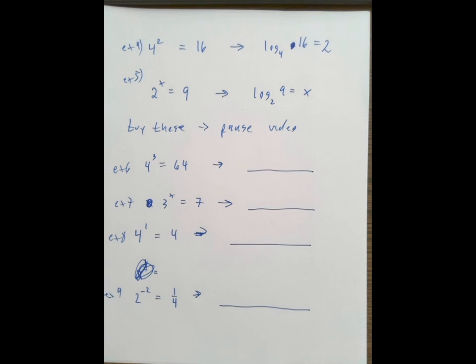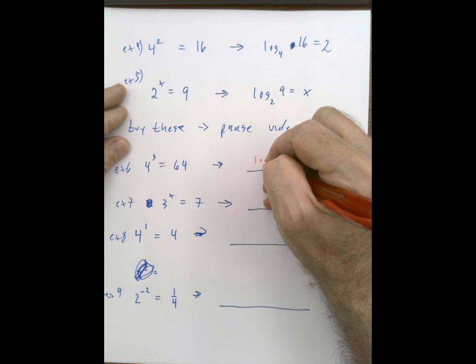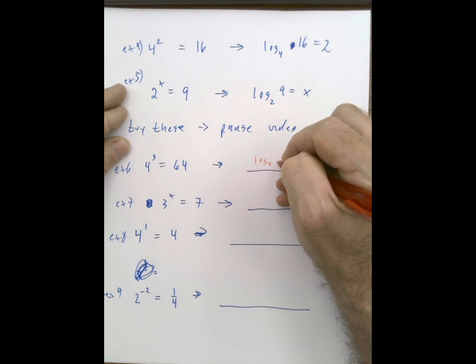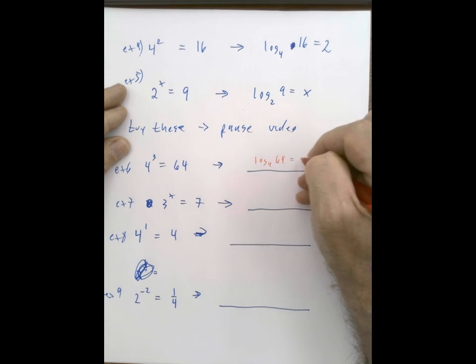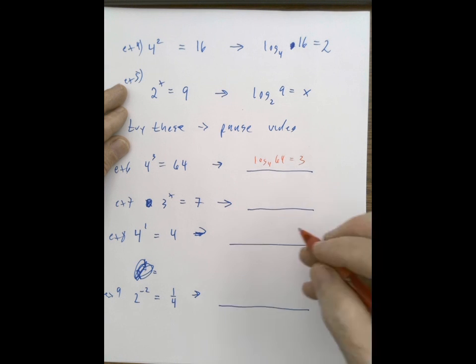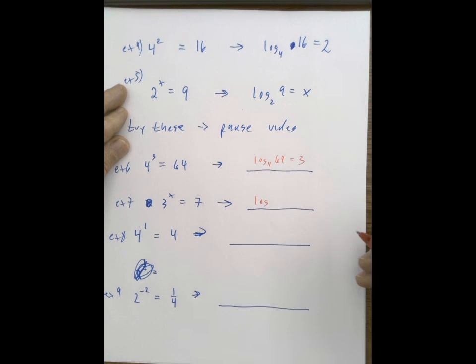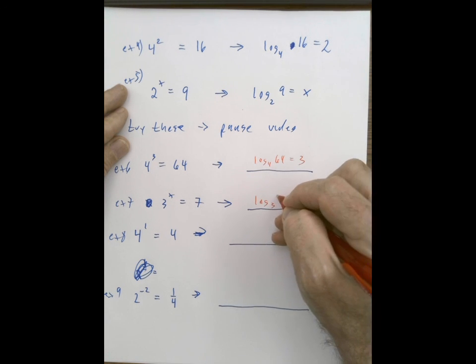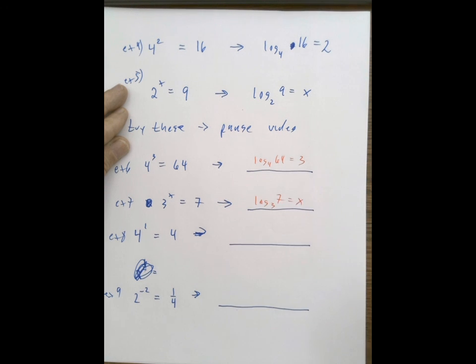Okay, welcome back. So what do we got? We're going to change these into logarithms, okay? So this is going to be log base 4 of 64 is equal to 3. This one is log base 3 of 7 is equal to x.